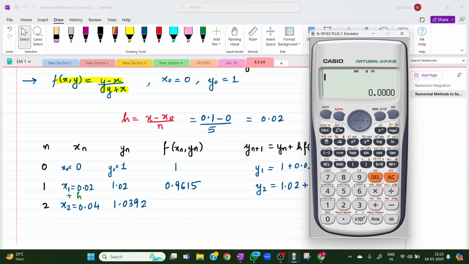The numerator now would be 1.0392 minus, we'll have x2, right? That is 0.04. And I'll put a bracket, and this entire thing divided by 1.0392 plus 0.04.